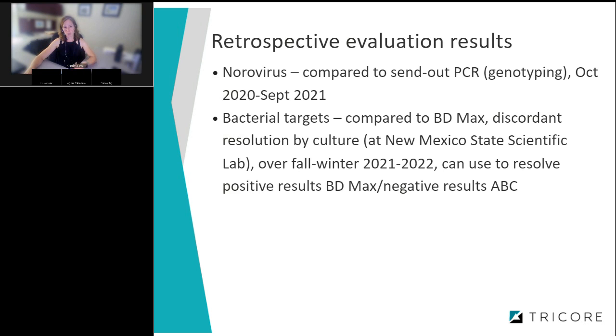This will be compared to BD Max, and then all of our Campy, Shigella, Salmonella positive stools actually get sent out to the New Mexico State Scientific Labs, where they perform isolation and some genetic analyses to see if they're related. And that helps to identify outbreaks for these bacterial pathogens. But we were able to use the results of culture to resolve any discordants that were positive on BD Max but negative by Applied BioCode.